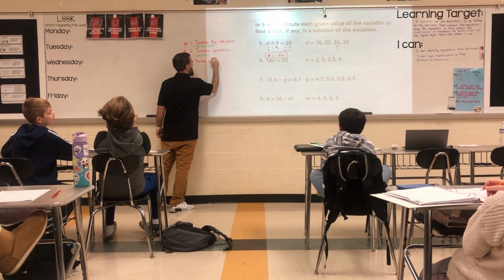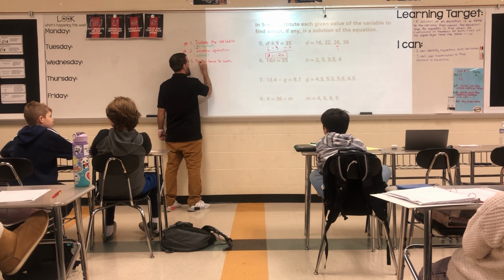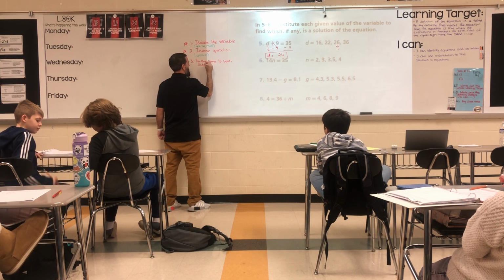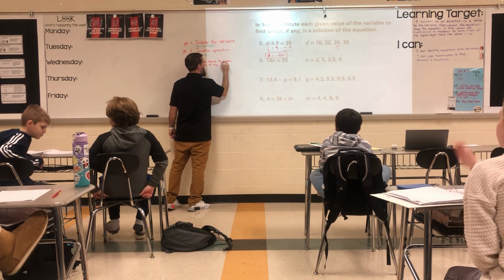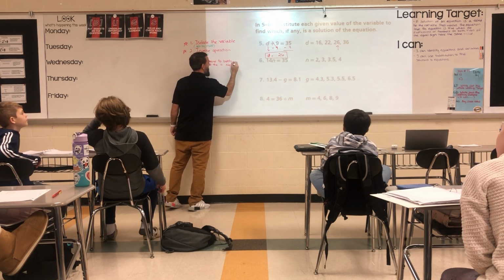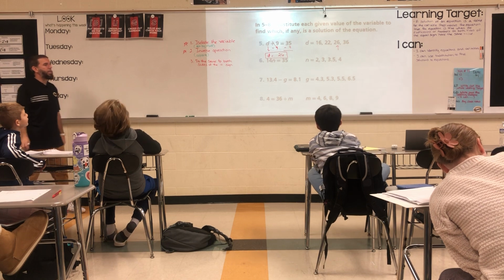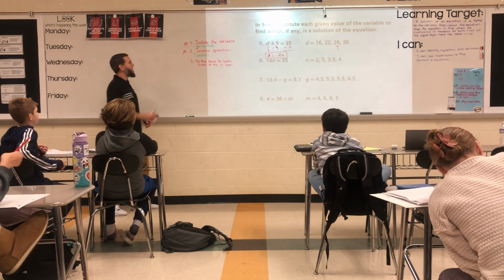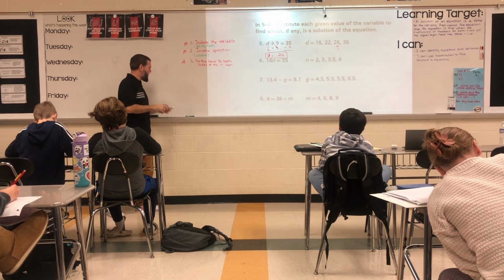The opposite. All right, what do you think about that? Do the same to both sides of the equal sign. All right? So put that down also in your notes.